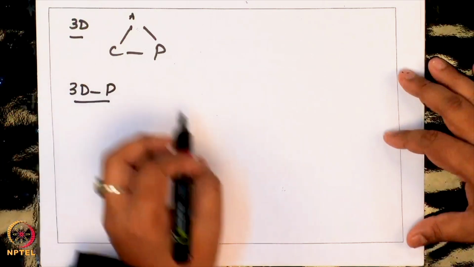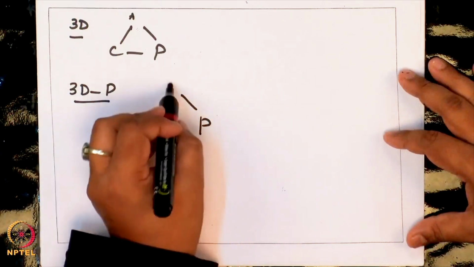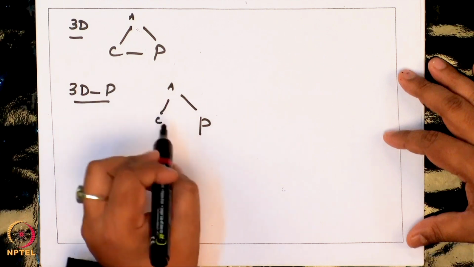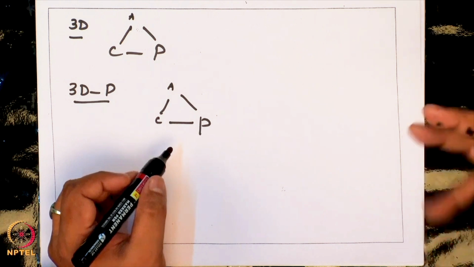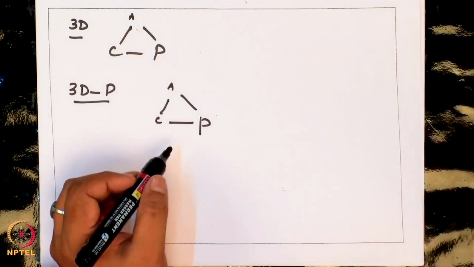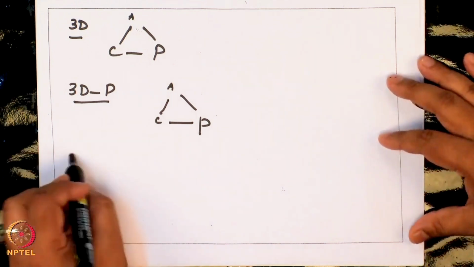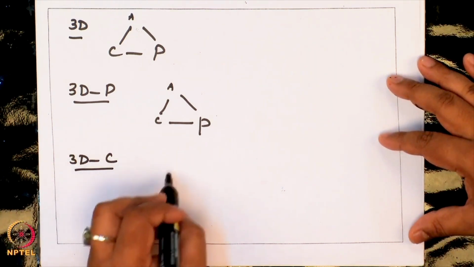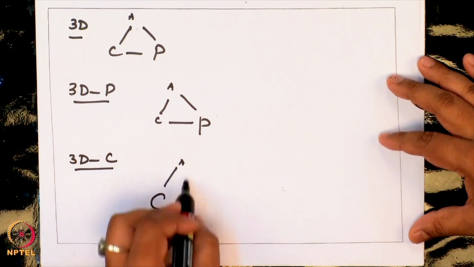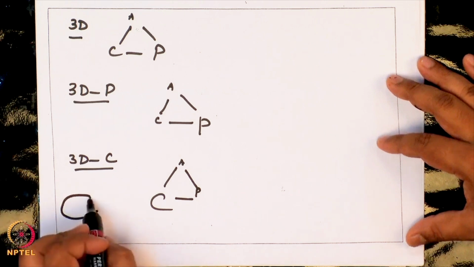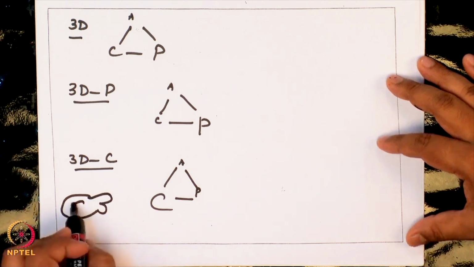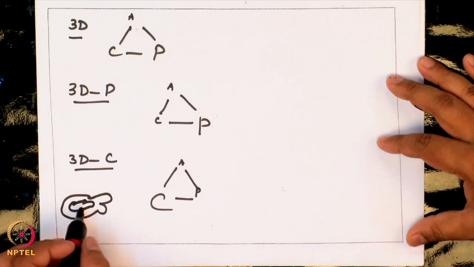You can have 3D protrusive, where protrusion is major, A is insignificant, C is insignificant, and this is through matrices where the pore size is comparable to or bigger than the nucleus, because the nucleus is the stiffest component. The third one is 3D contractile, where you have the formation of blebs and the nucleus is actively deformed.